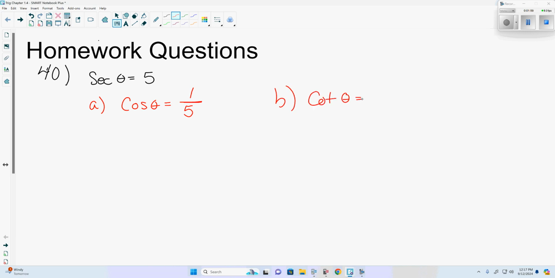Cotangent of theta. Now there's different ways we can get to cotangent of theta. One of them is with the fact that cotangent's equal to sine over cosine. Or we can do 1 plus cotangent squared is equal to secant squared of theta. Well, secant's value is 5.